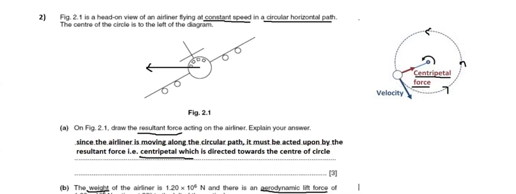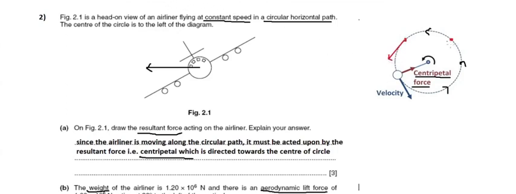Suppose here the object is over here at this point, and suppose the object is here at this point. At these two points, the object is moving continuously. So see, the velocity is always tangential. Velocity should be in this direction here. The velocity is always tangential.